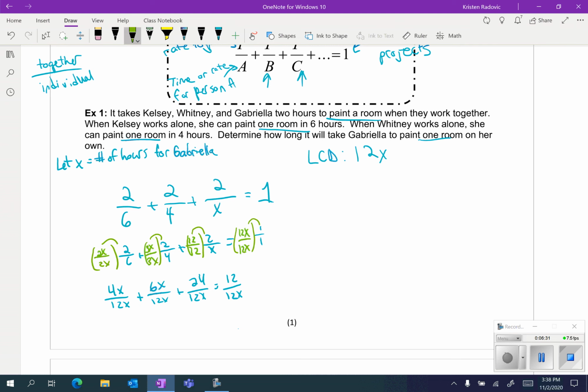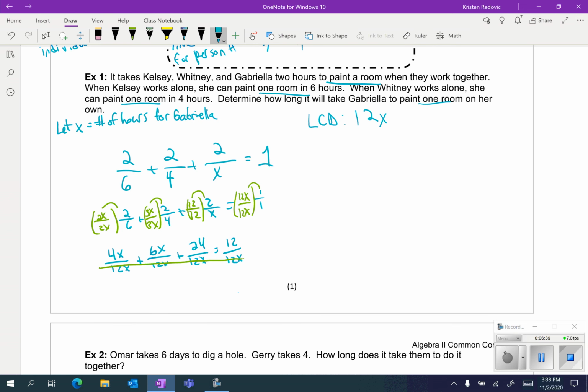And just like before, when you have the same denominators, we can cross them out. And we're going to be left with the equation 4x plus 6x plus 24 equals 12. You're going to combine your like terms to get 4x plus 6x, which is 10x, plus 24.